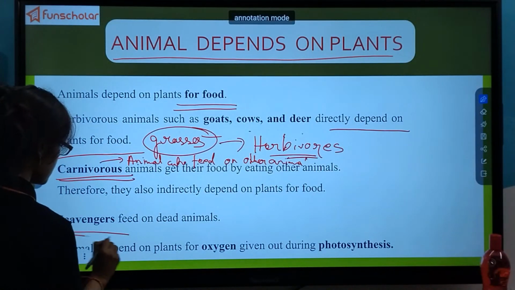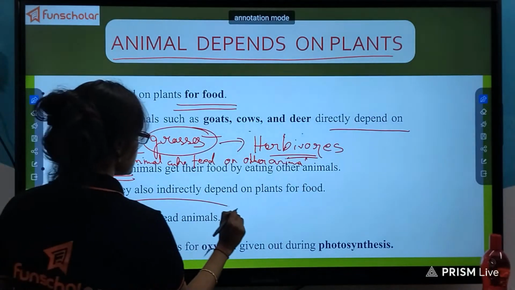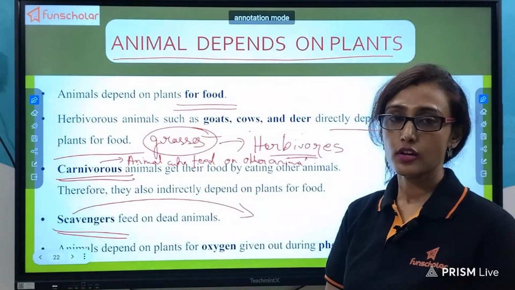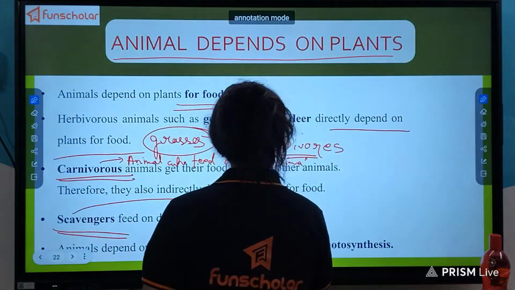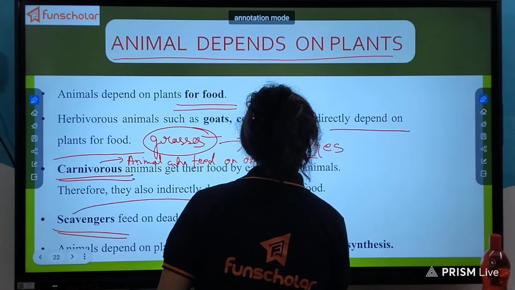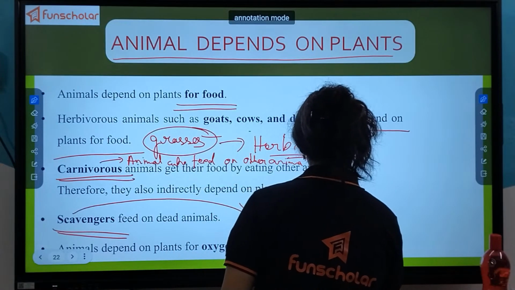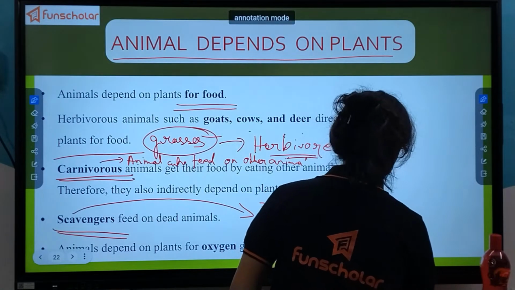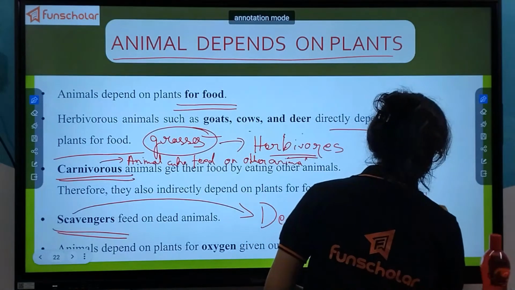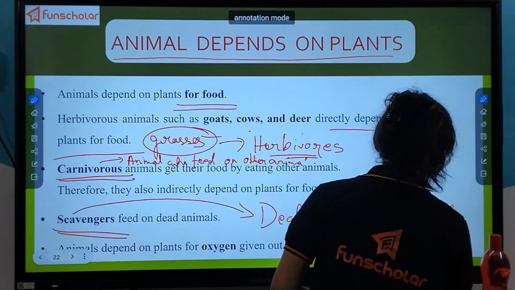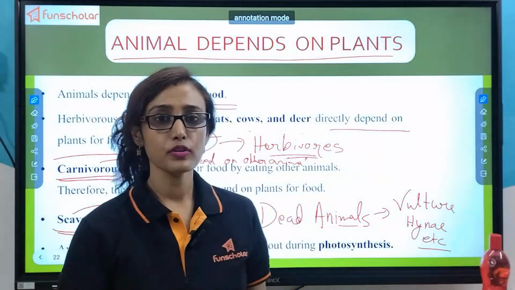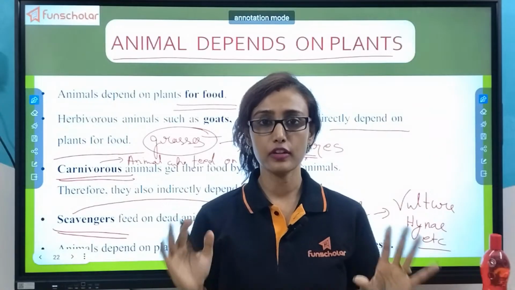Now scavengers. Who are scavengers, ma'am? Scavengers are those animals who feed on dead animals, like vulture, hyena, etc. See, suppose there is a vulture sitting in front of you.